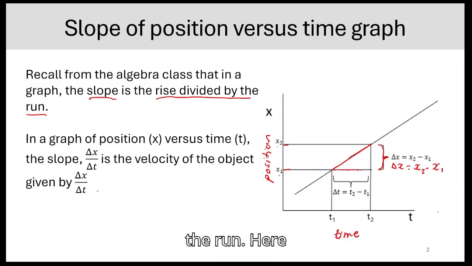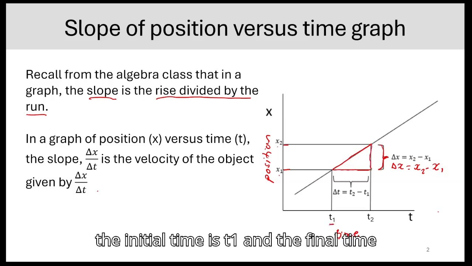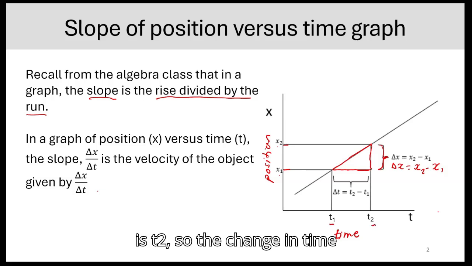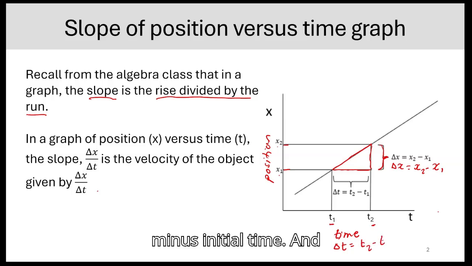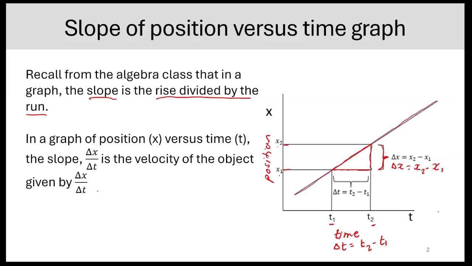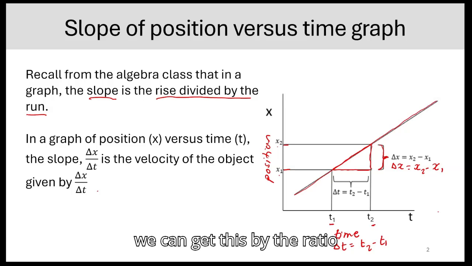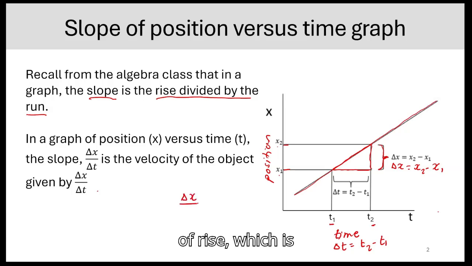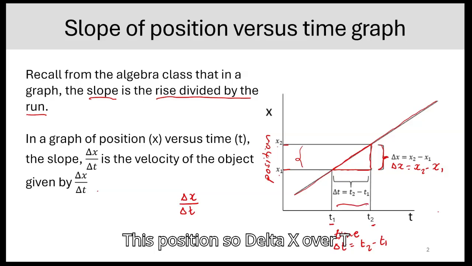Similarly, for the run, the initial time is t1 and the final time is t2, so the change in time, delta t, equals final time minus initial time. To calculate the slope of this straight line, we take the ratio of rise, which is the change in position, over run, which is the change in time. So delta x over delta t.